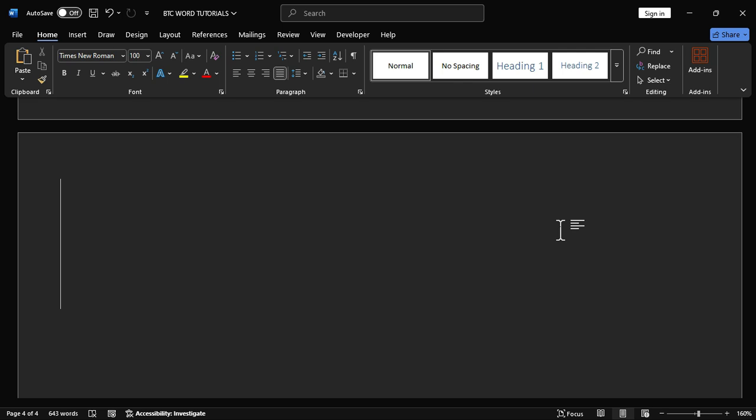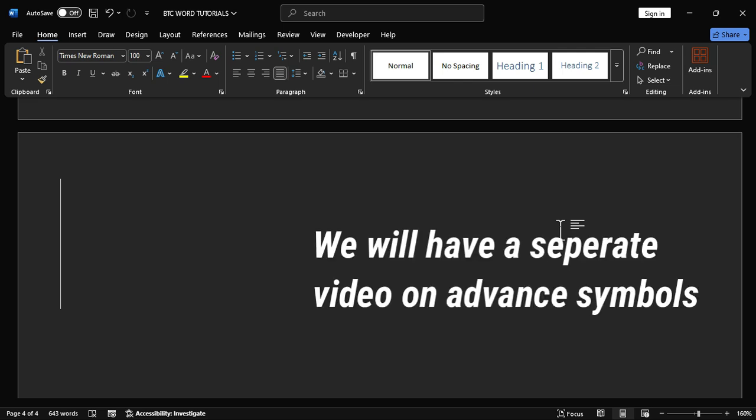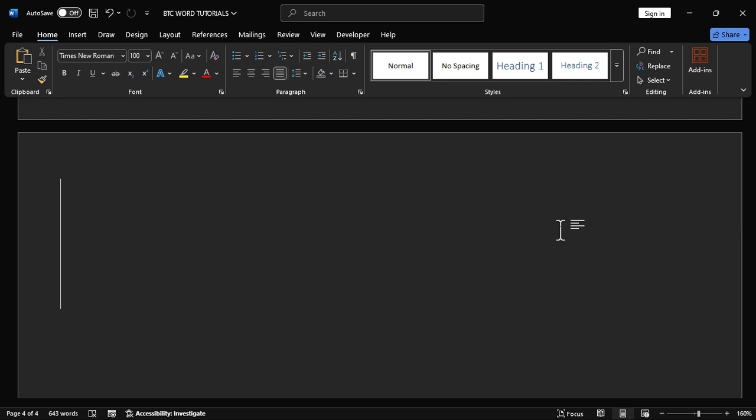And those symbols will be treated in a different video because, as I said, they need advanced combinations. So in this video we are going to look at symbols that we can type straightforward, and also symbols that need the help of the shift key, because these symbols we are going to talk about, we need them often for our construction of sentences or phrases, or in creating paragraphs and documents.